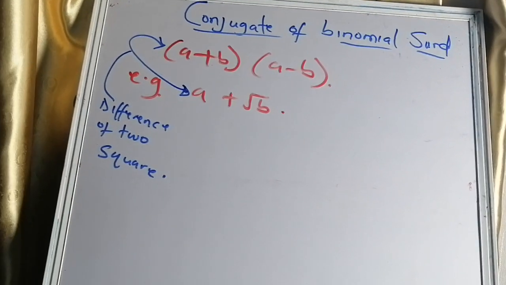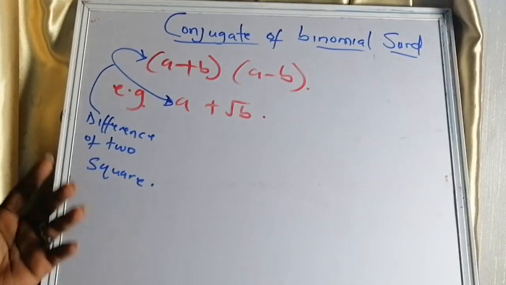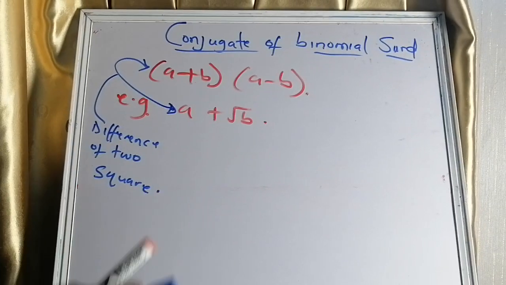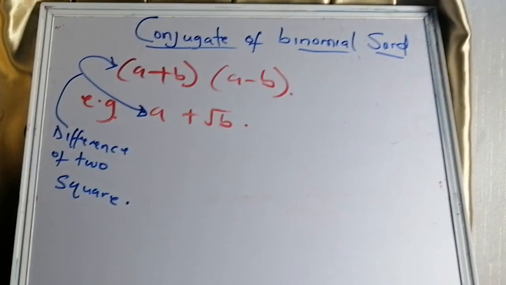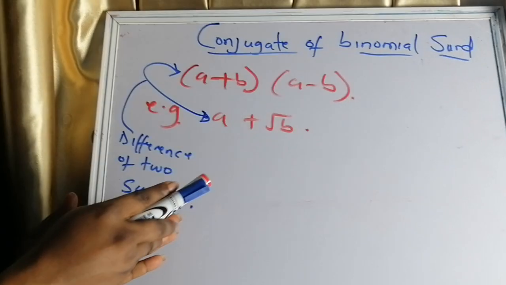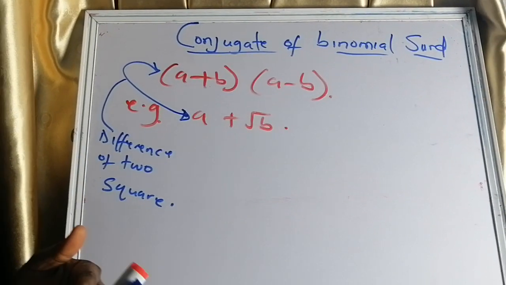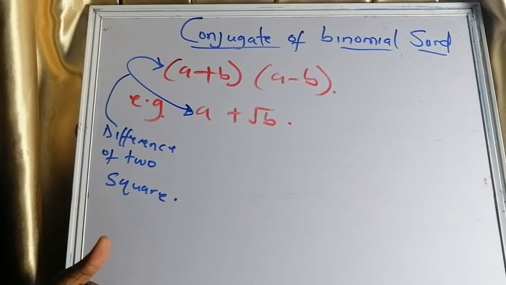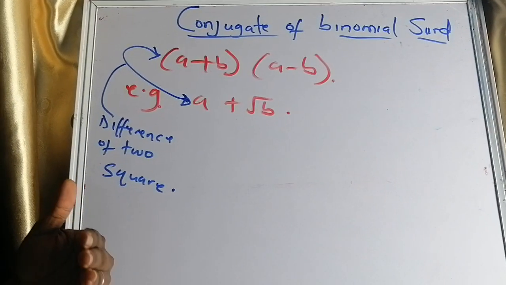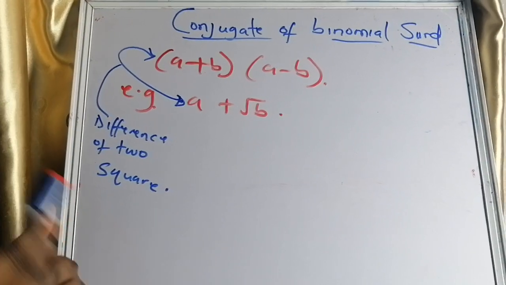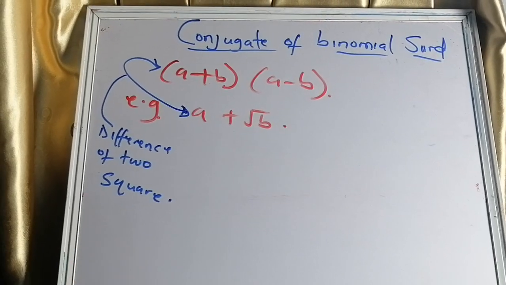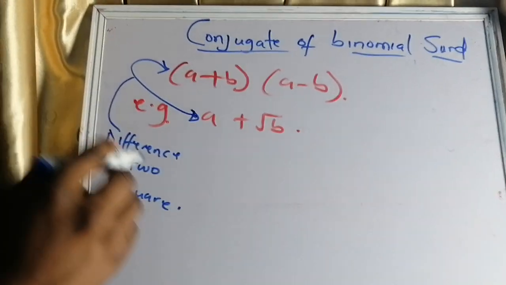So what the law of conjugates says is that anytime you have such an expression, multiply that expression with the opposite sign. Okay, repeat the same values or the same figure, but change the sign. Do you understand me now? What do I mean by this?